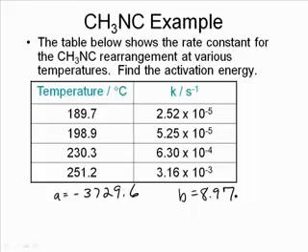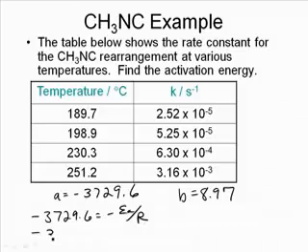Okay, so our slope is minus EA over R. And so the slope times minus R is equal to EA.